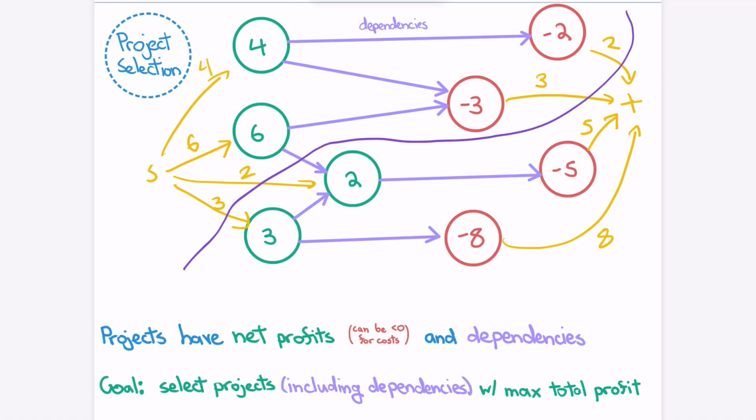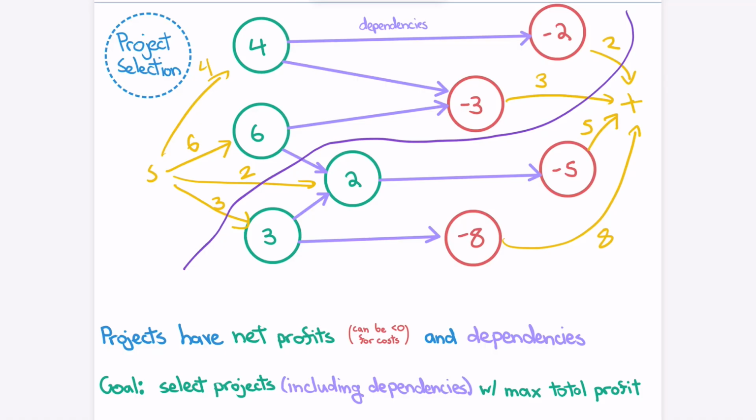We haven't quite figured it out yet, but can you see at least that part of the logic, which is that the minimum ST cut will want to keep the green on your side, because every time it puts green on the T side, you lose that money and it goes into the cost of your cut. And it would also prefer to put the cost on the opposite side, because whenever you take a cost project, you pay for that, because you're trying to minimize the edges you cut. Okay?